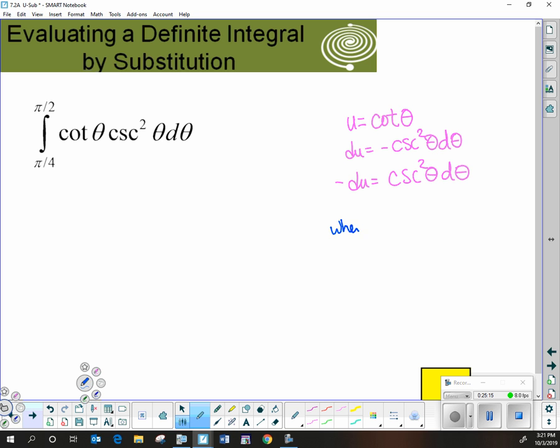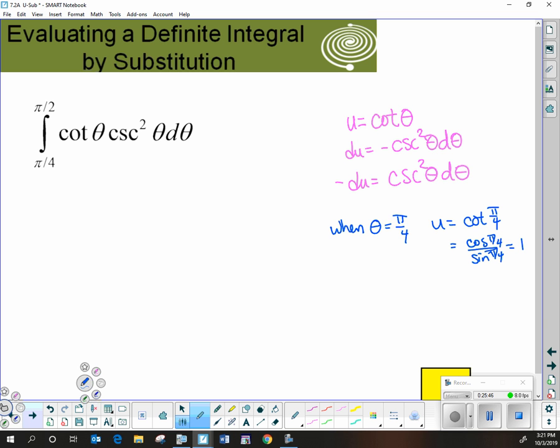When theta, hold it, yes, that's right. When theta equals pi over 4, u will equal cotangent pi over 4. At least that's on a nice value, isn't it? It's like saying cosine pi over 4 over sine pi over 4, which is square root 2 over 2 over square root 2 over 2, which turns out to be 1.